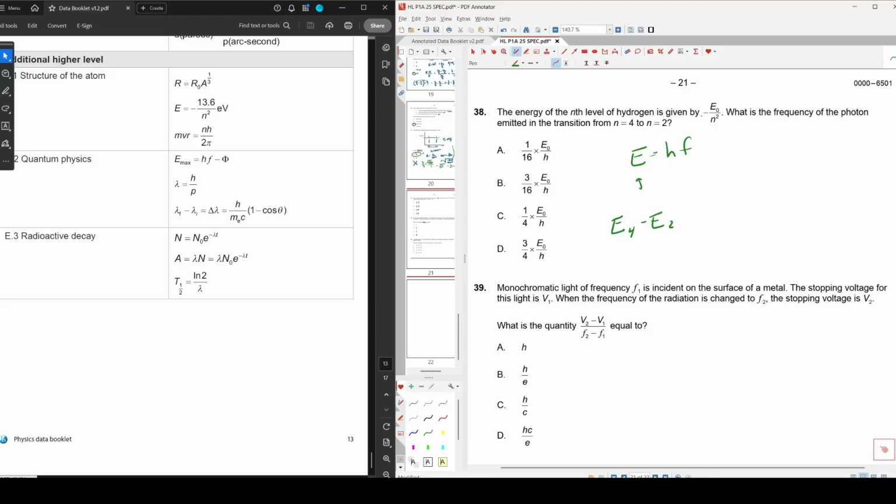Okay, the 4th energy level, they're just giving me this instead of the 13.6 or whatever. So n equals 4, it's just E over 4 squared. n equals 2 is this over this. They really are loving the fraction math for this one.